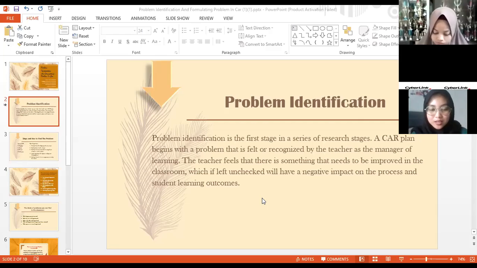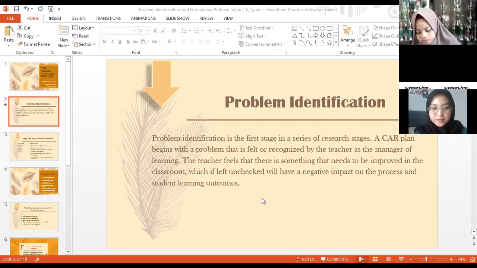As we know, classroom action research is a method to find out what works best in the classroom so that the teacher can improve students' learning. The first part will be delivered by Kak Ira.